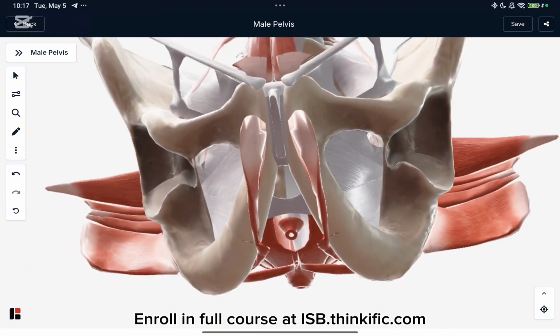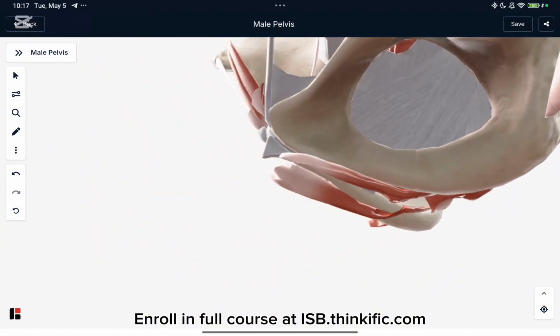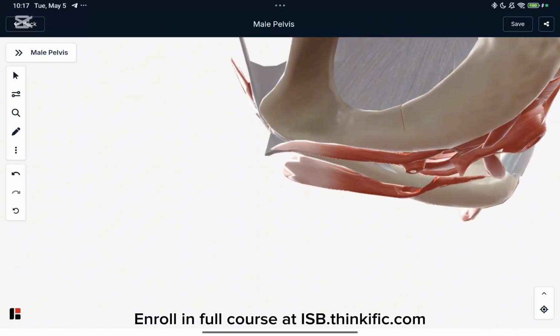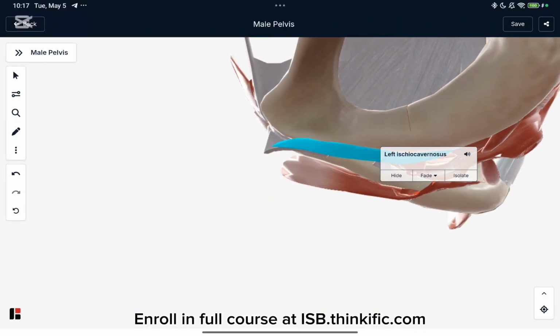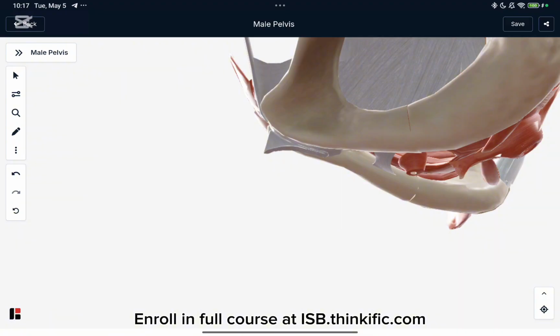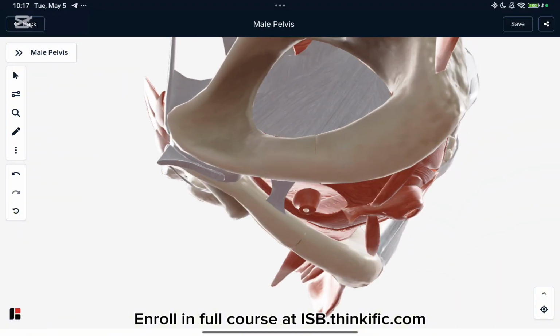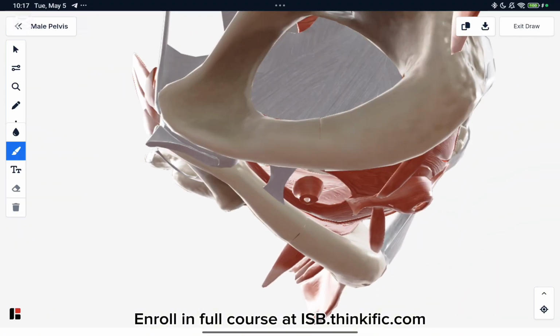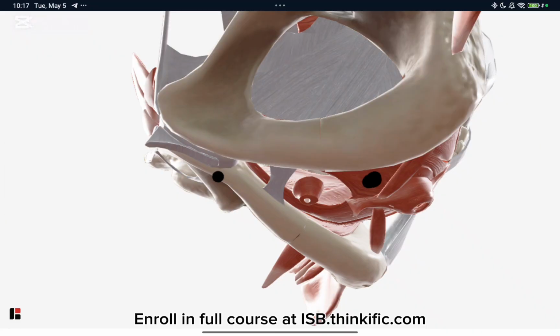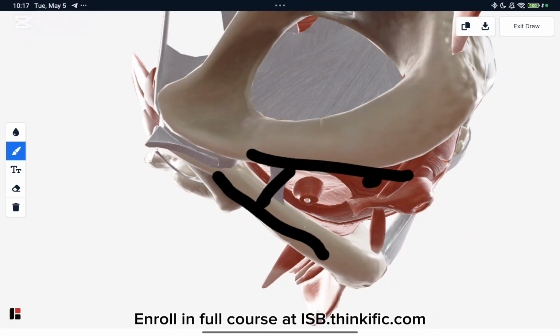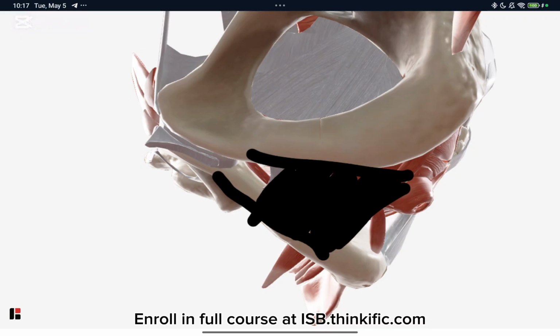If you take it from this view, this is the plane of the muscle. This is the inferior limit. So all of that is perineum. Now I told you about the membrane which is covering this region.